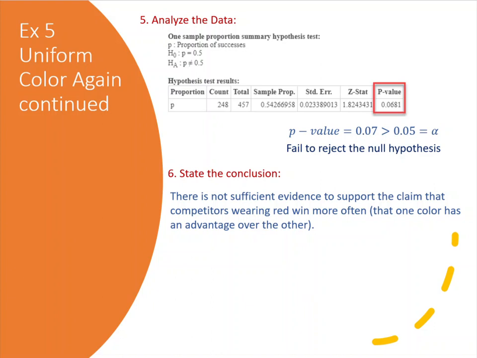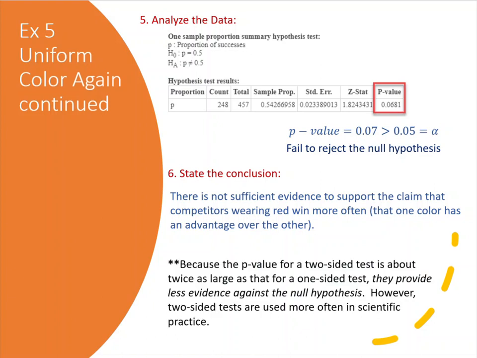So we're comparing a right-tailed test, or a single-tailed test, in example 4 to this example here with a not equals, which is a two-tailed test. And the p-value on our two-tailed test of 0.07 is actually twice as large as the p-value on our single-tailed test.